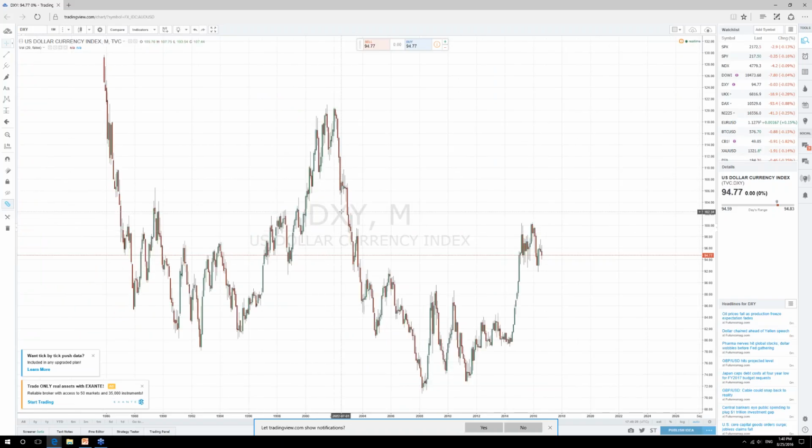Before that, we had President Clinton. During that period, in November 1994, we had a bit of a correction, but then again, the US dollar index grew up until here. So we had consolidation, but mostly growth up until 2000.